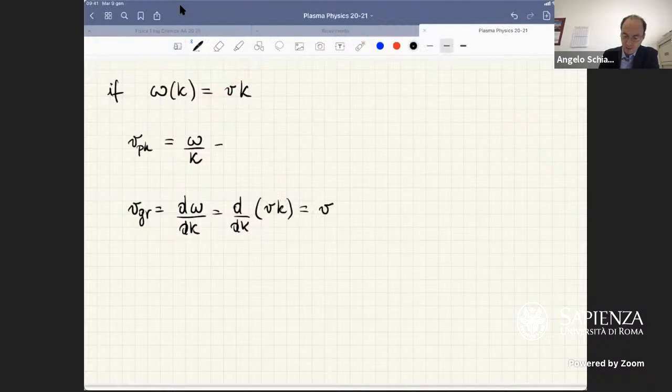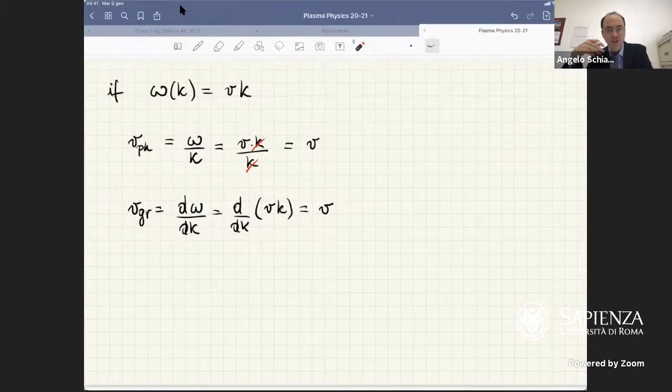And if you do the same here, you see that omega is just v times k divided by k. And we recover the fact that in this very simple case, the phase velocity is v and the group velocity is v. So we somehow found already that the group velocity was v, because the whole wave packet or waveform was moving at constant speed v at the beginning.